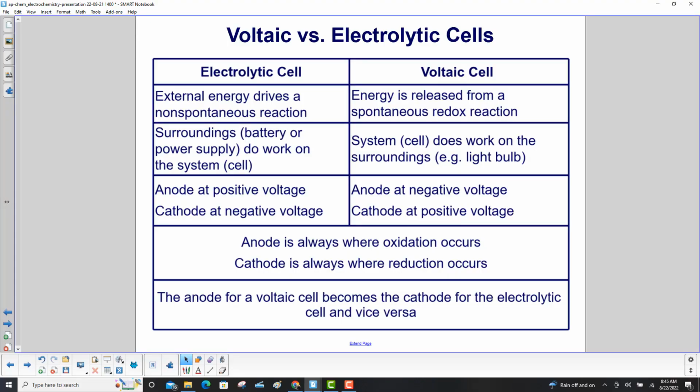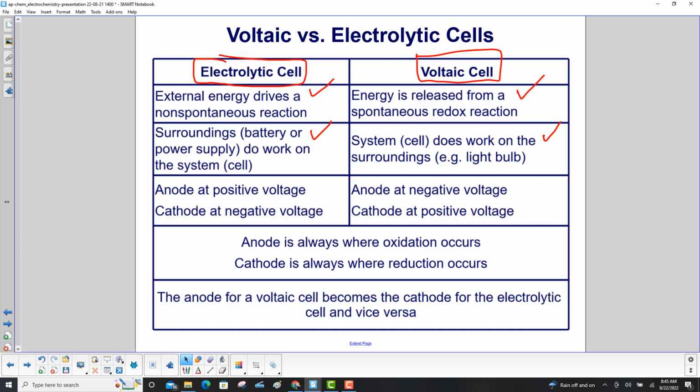Another side-by-side comparison. We have the electrolytic cell over here, voltaic here. For the electrolytic, external energy drives a non-spontaneous reaction. Voltaic, energy is released from a spontaneous redox reaction. Surroundings: the battery or power supply does work on the system, which is our cell.